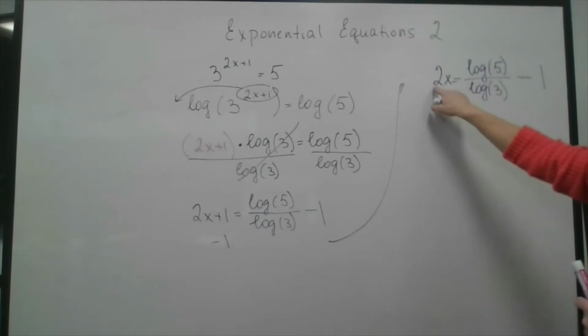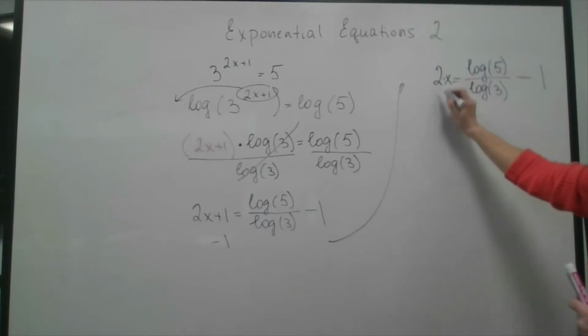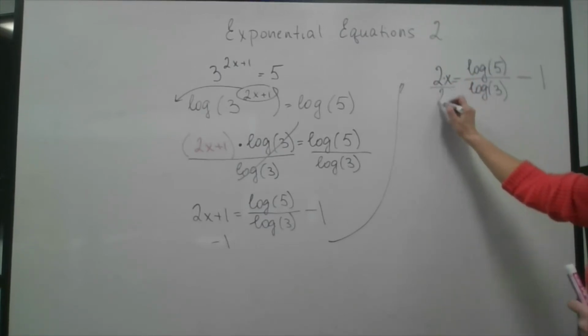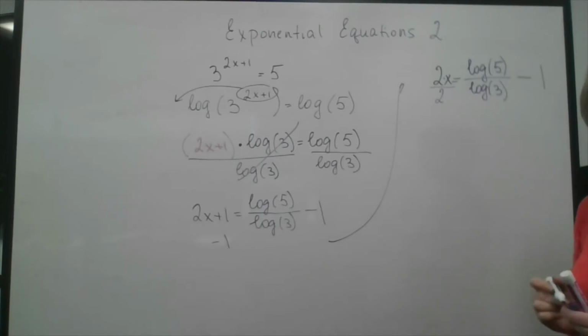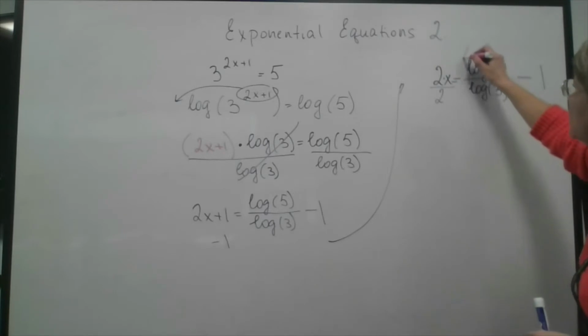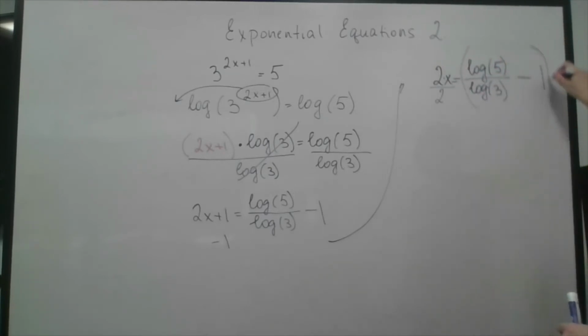We still have coefficient 2 in front of x. And to get rid of it, we have to divide by 2. Again, it's a good idea to put this inside of parentheses and divide by 2.